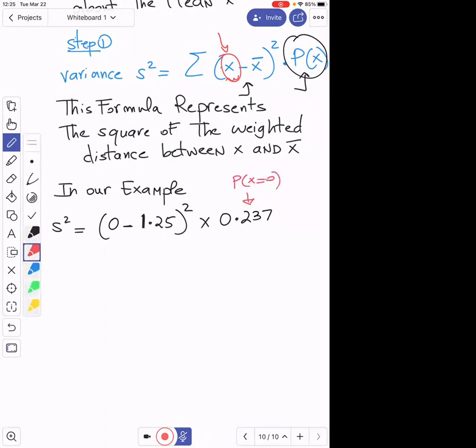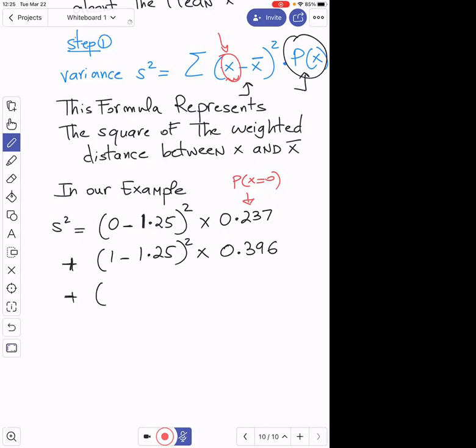All right, so this is when X is 0, plus, because we have a summation here, the next value of X, of course, is 1. So we have 1 minus the same mean, 1.25, squared, times the probability that X is 1, which is 0.396, plus the next value of X is 2. So 2 minus 1.25, the same mean, times the probability that X is 2, which is 0.264.